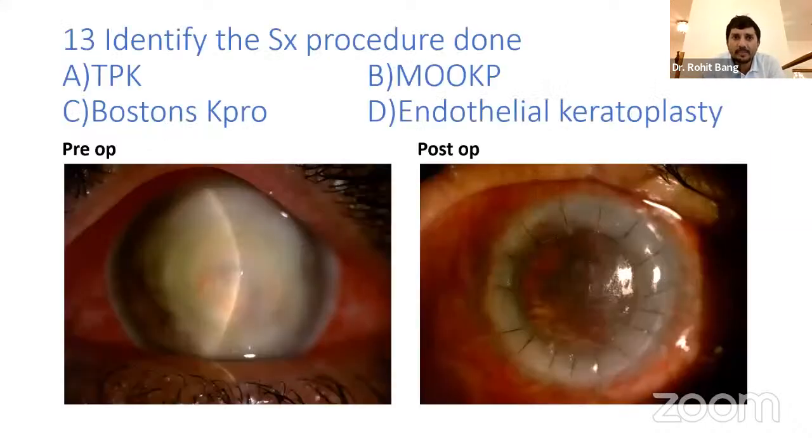Now identify the surgical procedure done. Whether it's a TPK, that is therapeutic penetrating keratoplasty, whether it's a MOOKP, that is modified osteodontokeratoprosthesis, whether it's a Boston keratoprosthesis, or whether it's an endothelial keratoplasty. Now these are the two slit lamp photographs, pre-op and post-op. You are seeing a corneal abscess in the first photograph, and a photograph with a relatively clear cornea and some sutures.